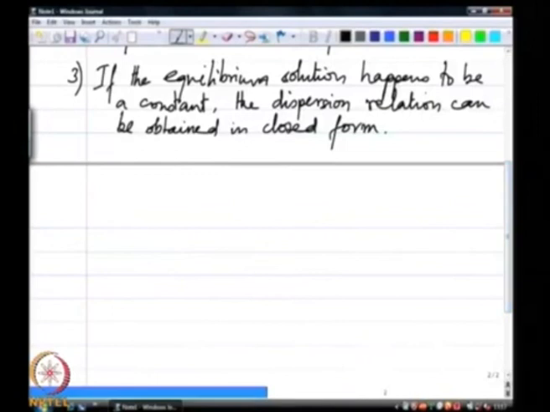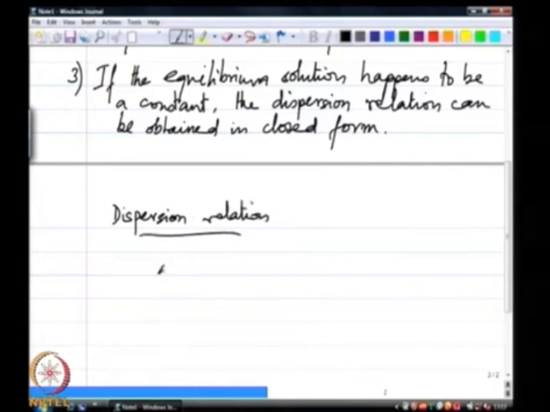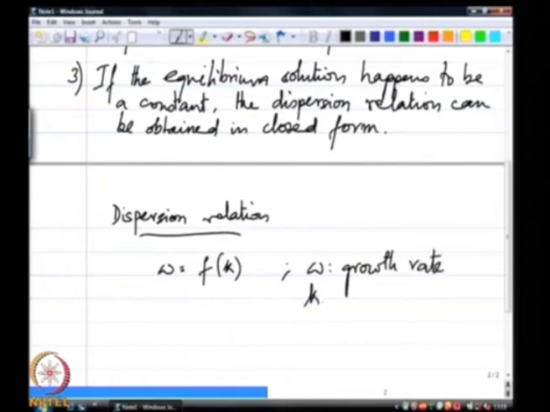This process of obtaining the most unstable wave number. So, essentially if we go back to this dispersion relation, omega is a function of k. Omega is the growth rate, also in mathematical terms you would call that the eigenvalue, and k is the wave number.